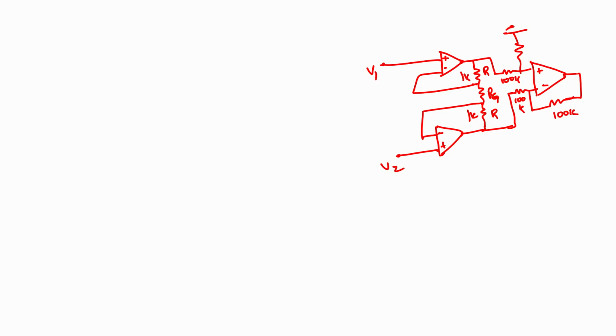If I take the V naught, V naught value is 1 plus 2R by Rg into V1 minus V2, that is the equation.